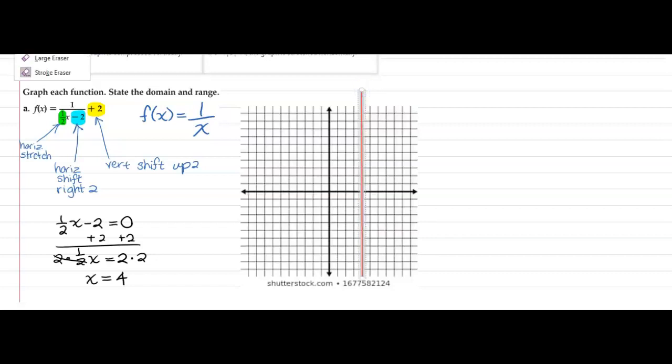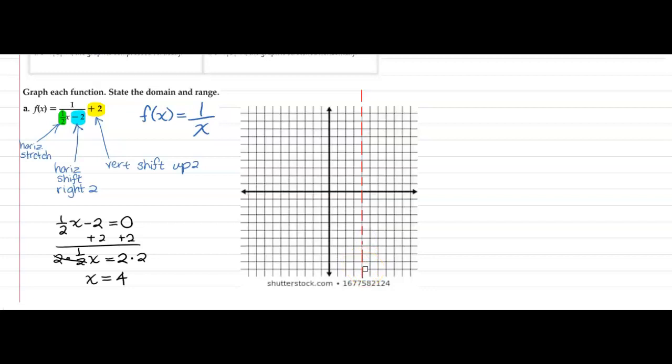And then just grab your smallest eraser and make it dashed. It's an asymptote, so we want it to be a dashed red line. It's not part of our graph. It's just an invisible line that we cannot cross.